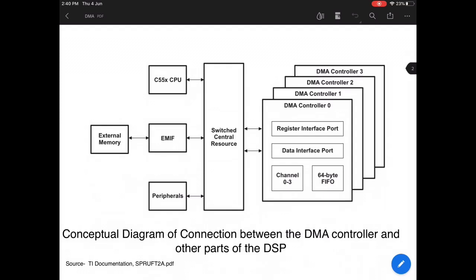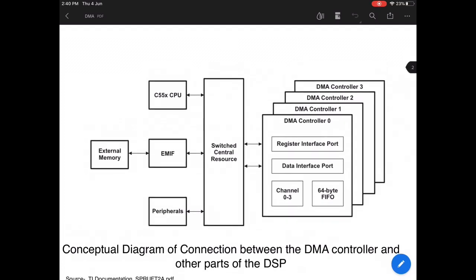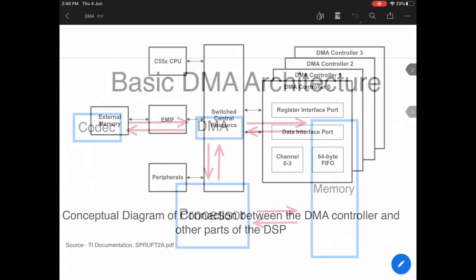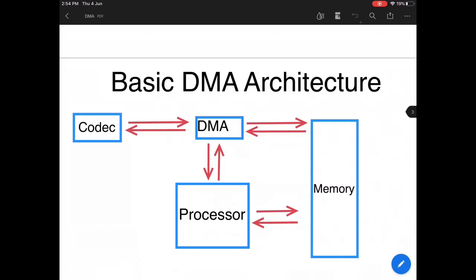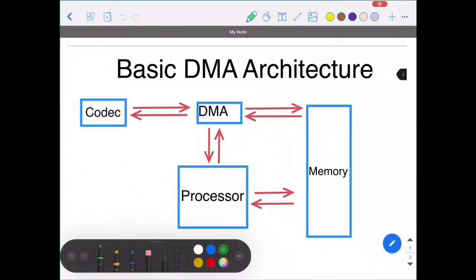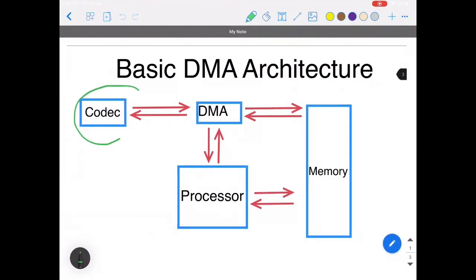This shows the conceptual diagram of the connection between the DMA controller and parts of the DSP, which means that peripherals like the codec can be accessed directly by the CPU or via DMA. This is the basic architecture of DMA. DMA communicates with a peripheral device like the codec. It will take an input data sample and put it into a memory location.